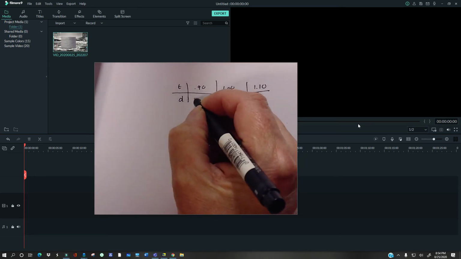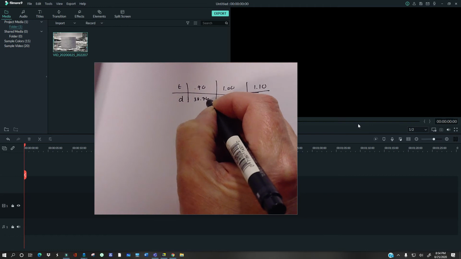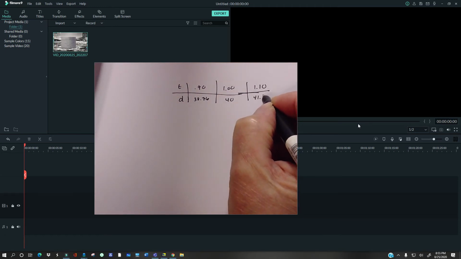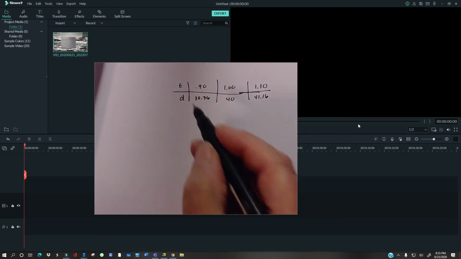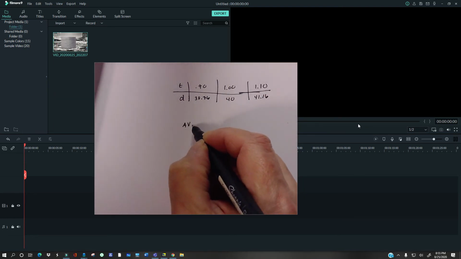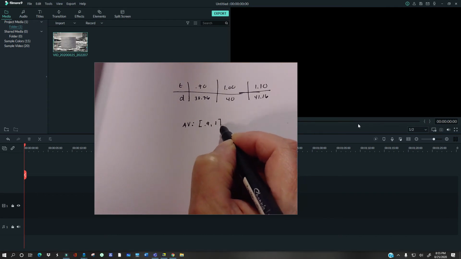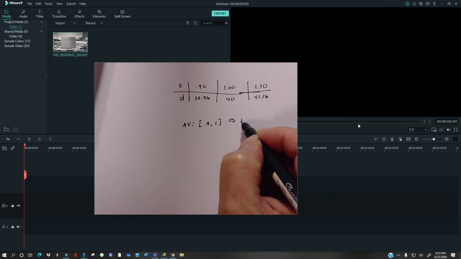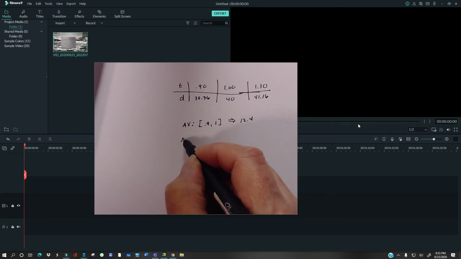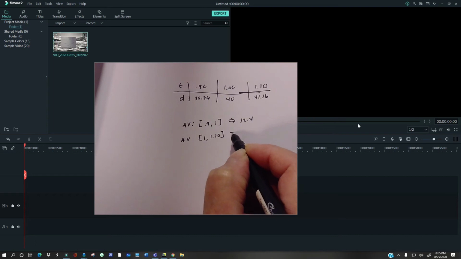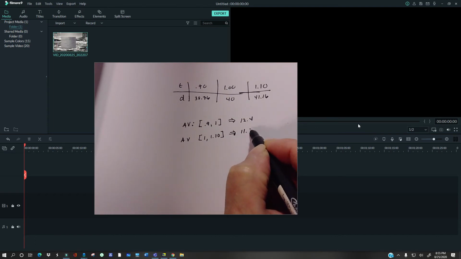Okay, and then the numbers here are 38.76, 40, and 41.16. So what we did was we found the average velocity on the interval from 0.9 to 1, and that was 12.4. Then we found the average velocity from 1 to 1.10, and that was 11.6.